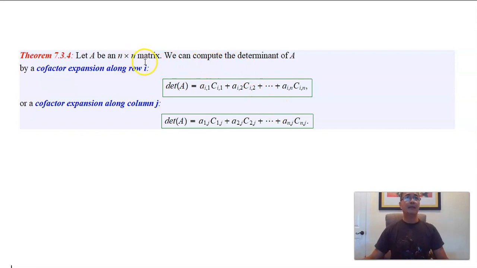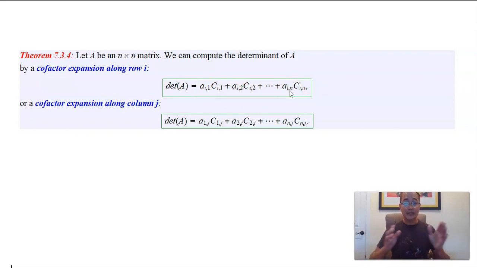So you have an n by n matrix. To find the determinant of A using a cofactor expansion along row i, here's what you can do. Clear a line on your notes and put a_i1, a_i2 up through a_in.